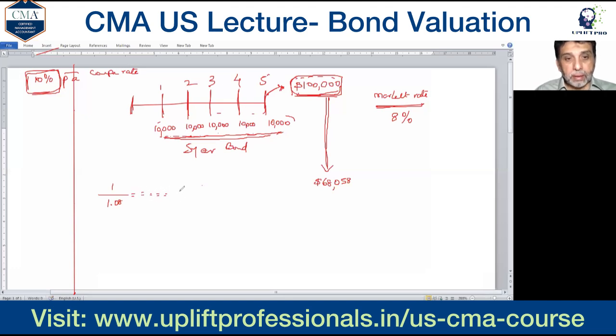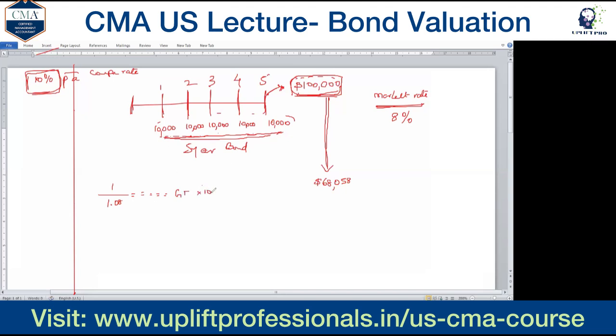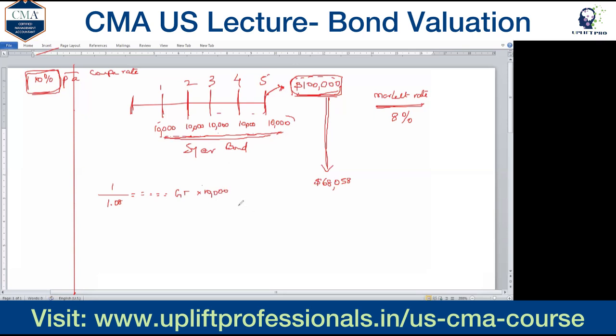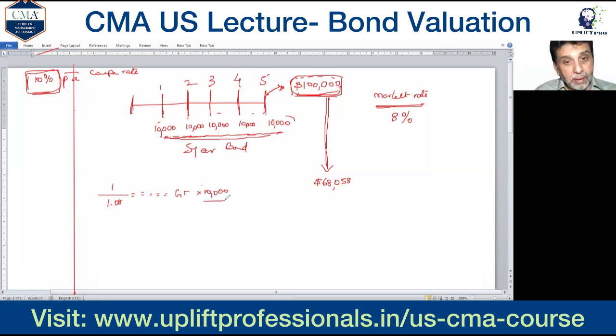That's a 5-year. Then press GT. You'll get the present value of an annuity factor, 3.9927, sir. You have to multiply it into 10,000 because that is the amount which is going to repeat. How much will you get?